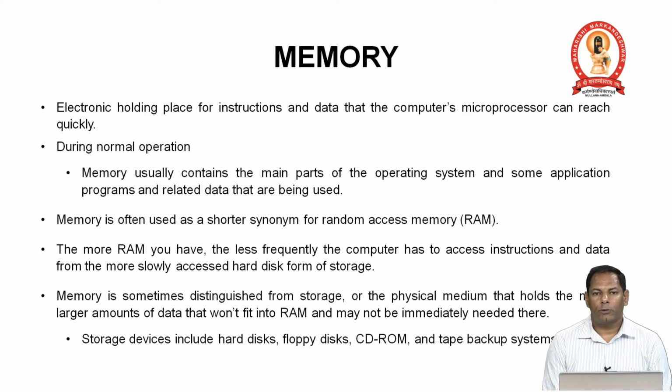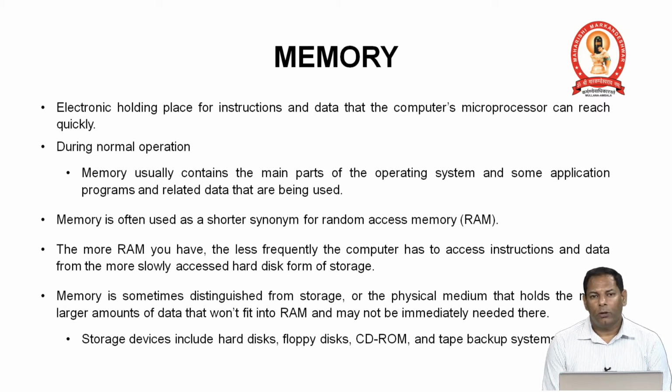There are other memories also, like auxiliary memory, sometimes called hard disk, CD-ROM, floppy disk, tape drive. All these are also memory, but when we talk about main memory, we talk about RAM, or the memory which is directly accessible by the CPU. The remaining memories which are used to back up the data are known as auxiliary memory or secondary memory.